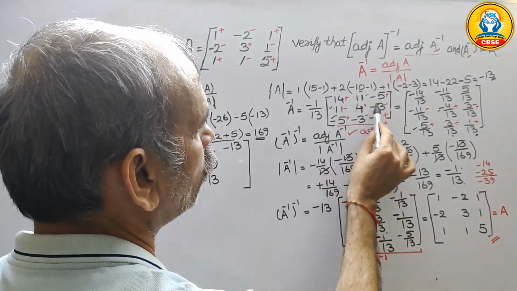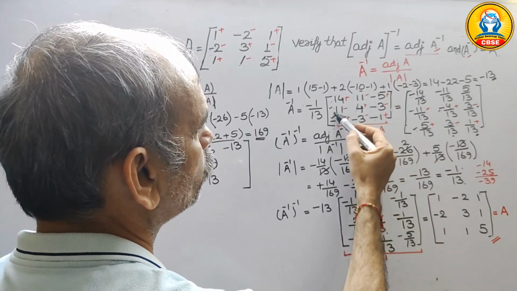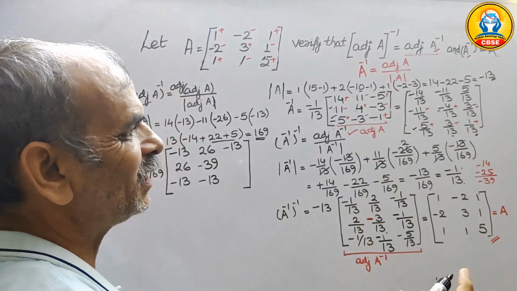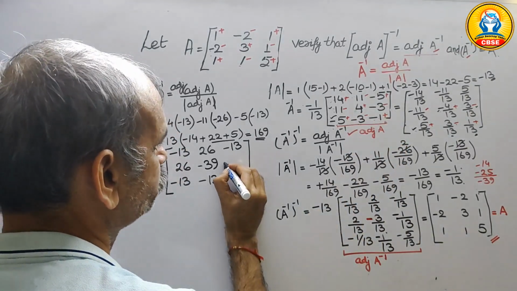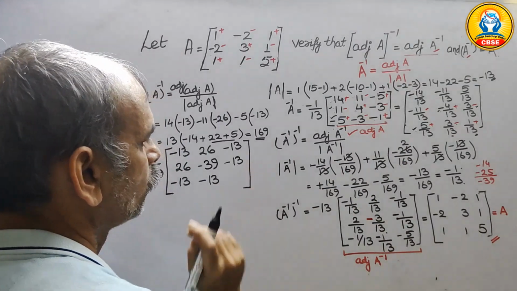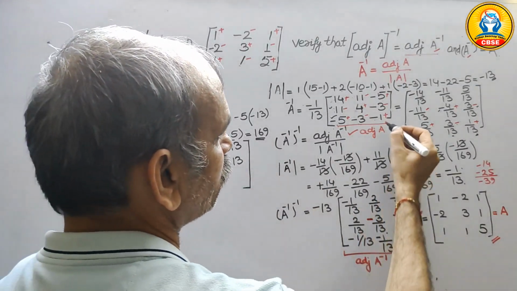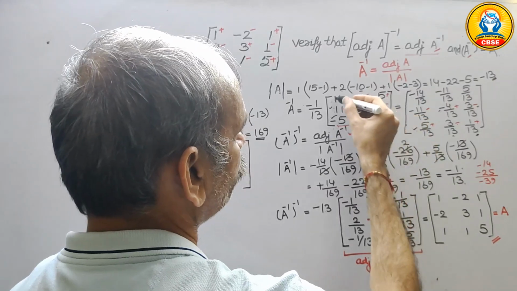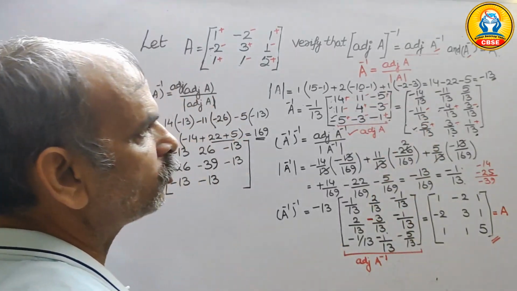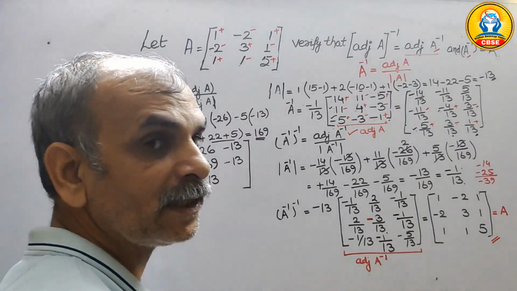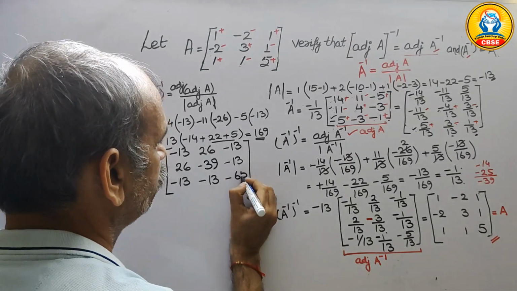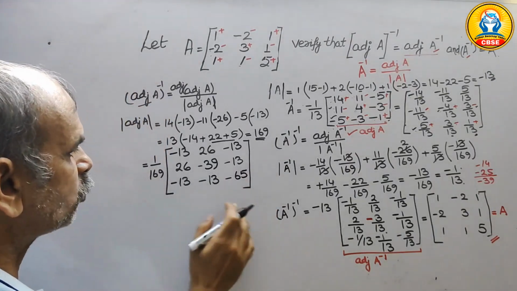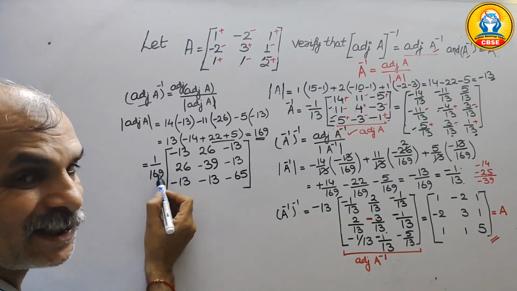So here we will go for this: minus 42 plus 55 is 13. Position is negative, so minus 13. Next comes here. So this will be 56 minus 121. So we will get minus 65. Now if you solve this, underneath 169 is there.